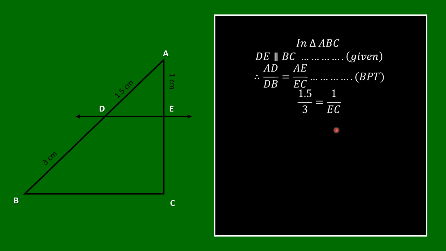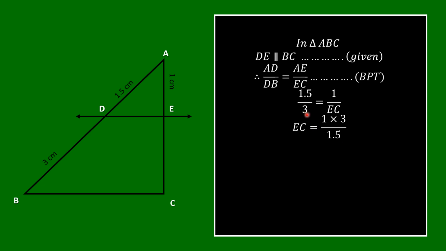First of all, let's fill in the values of the known segments, that is AD is 1.5, DB is 3, AE is 1, and EC we have to find out, right? Rearranging, shifting EC to the other side and these numbers to this side, we get EC is equal to 1 into 3 upon 1.5.